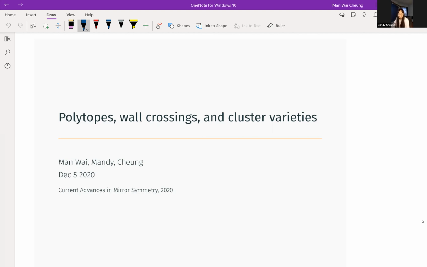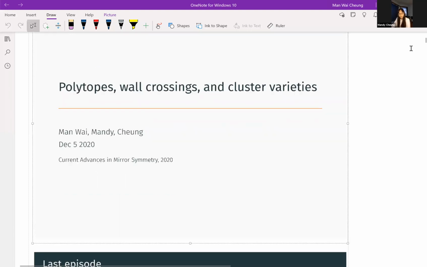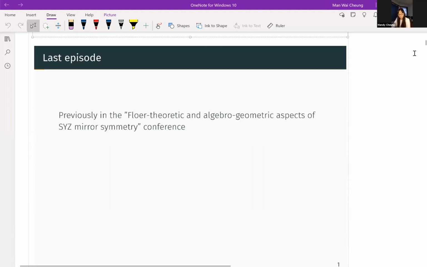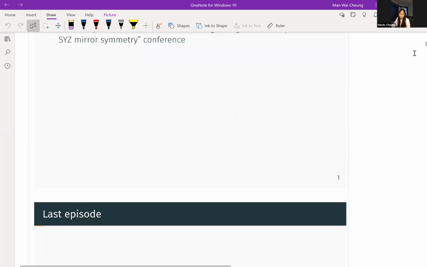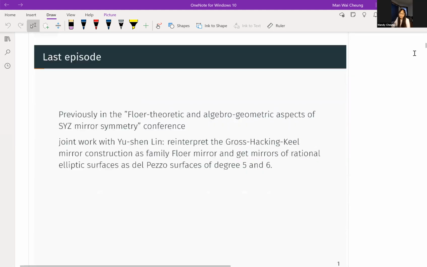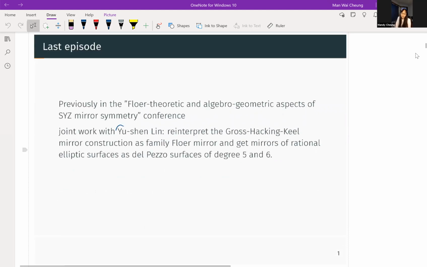Today I'm going to talk about polytope wall crossing and cluster varieties. In September, at the Fourier-theoretic and algebraic geometric aspects of SYZ mirror symmetry conference, in the first half of my talk I was talking about joint work with Lucian Lin.